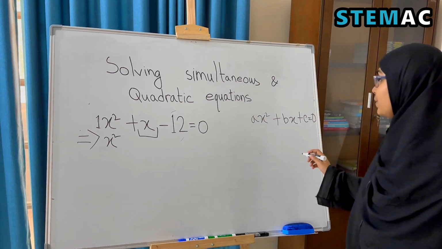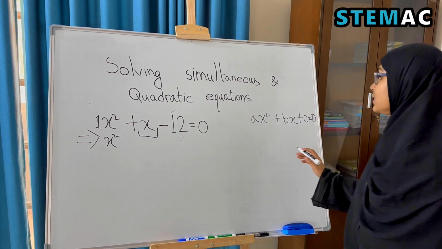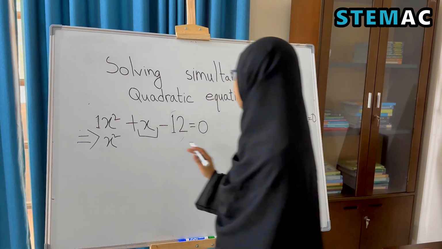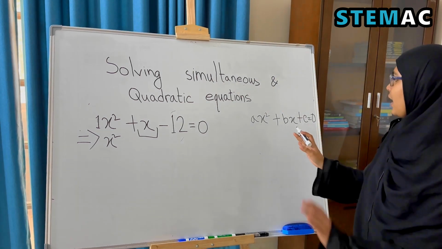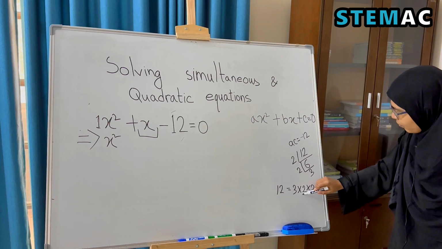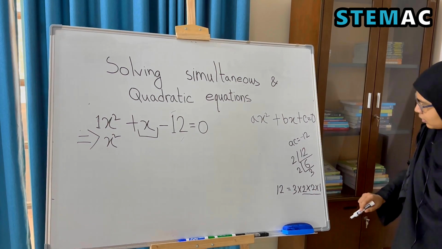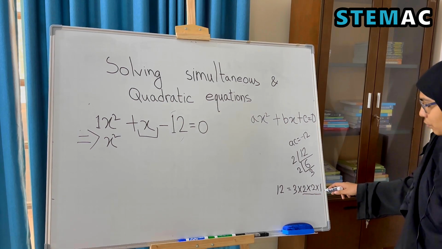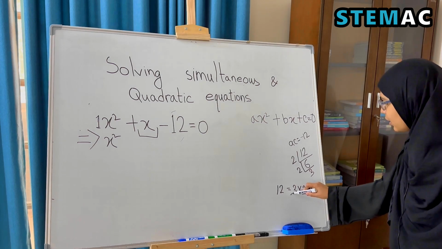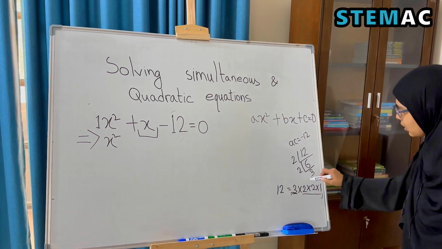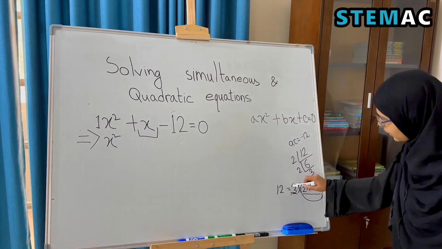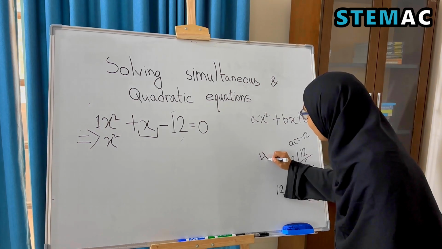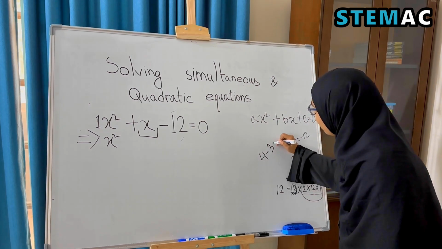So, we have to split the term in such a way that if we split the 12 like this, 4 into 3, that makes 12. If we look at these two things, 4 and 3, 4 minus 3 makes 1.